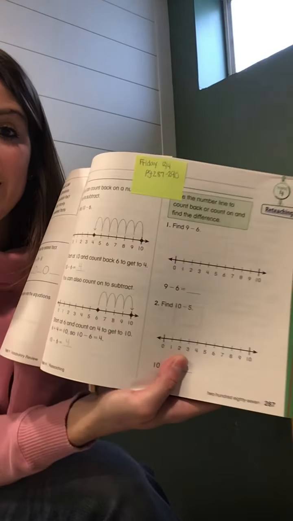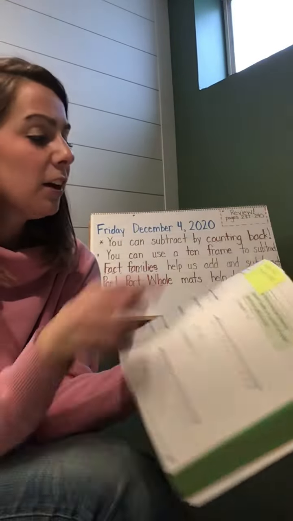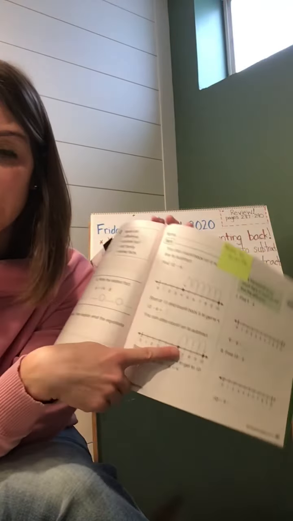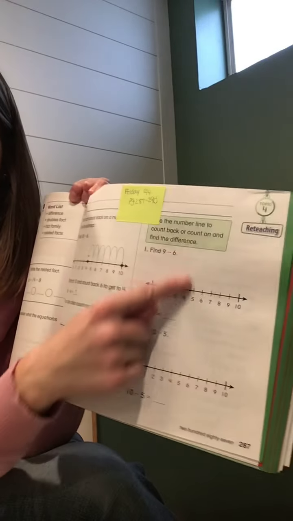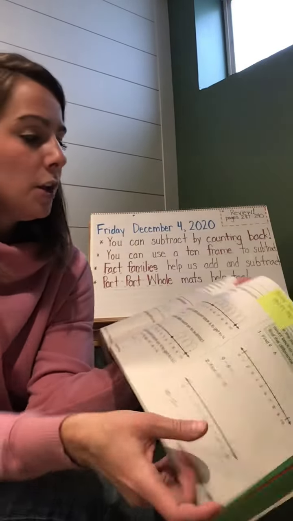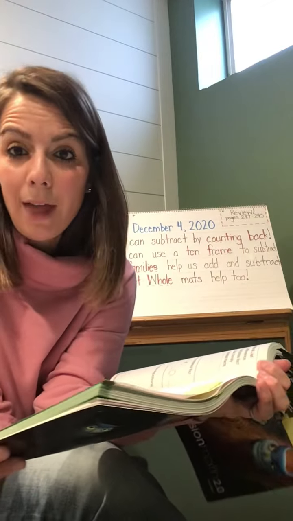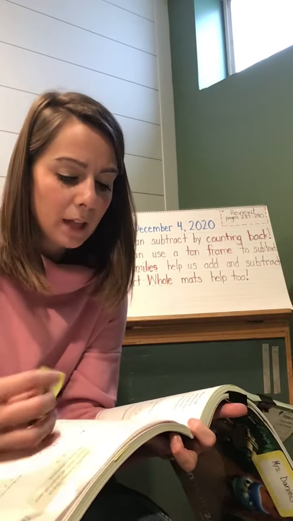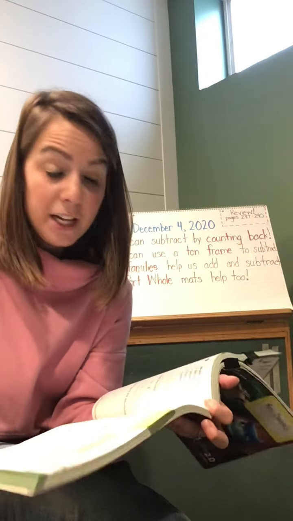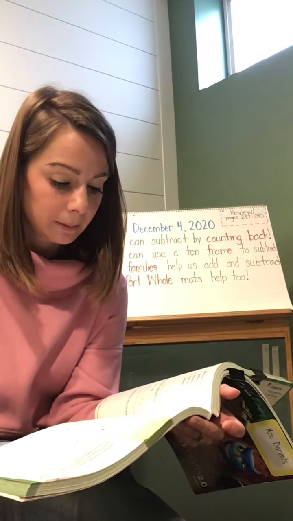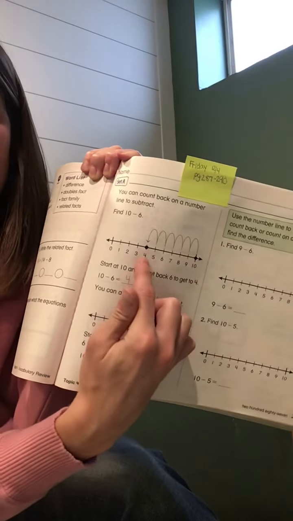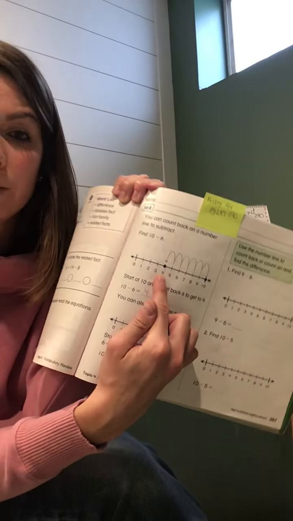So, if you look on page 287, over here, it always shows you examples. Remember how we would do the examples in class, and then we would practice these on the board. So first, underneath that capital A, where it says set A, it says you can count back on a number line to subtract. They show you how to find 10 minus 6. They start at that 10, they count back 6 hops, and they landed on 4.